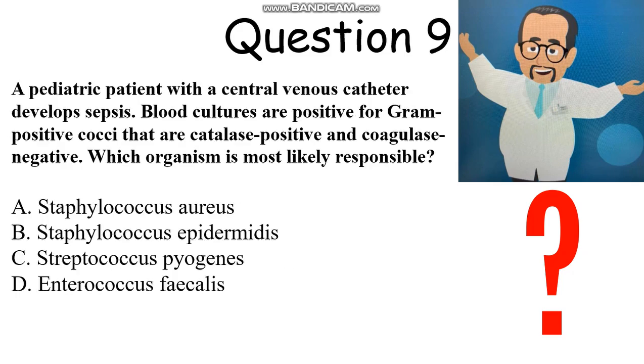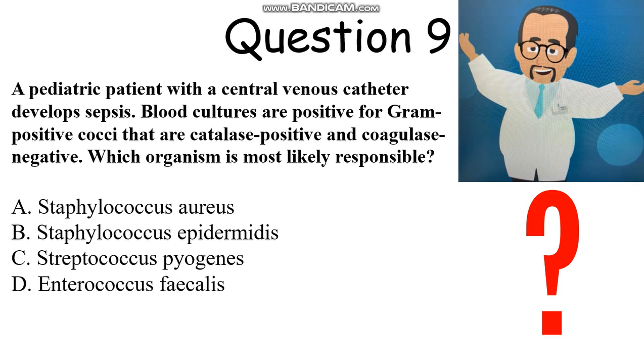Final question we have here: a pediatric patient with a central venous catheter develops sepsis. Blood cultures are positive for gram-positive cocci that are catalase positive and coagulase negative. Which organism is most likely responsible? So we say it's a gram-positive bacteria that is catalase positive.